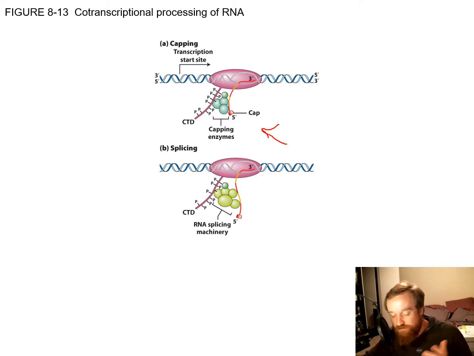Once that first nucleotide is turned into a cap for this growing mRNA, the RNA splicing machinery will come in and take its place. The role of this RNA splicing machinery is to read those introns and exons, and it will take out all the introns. Remember, those are not transcribed or translated into proteins.